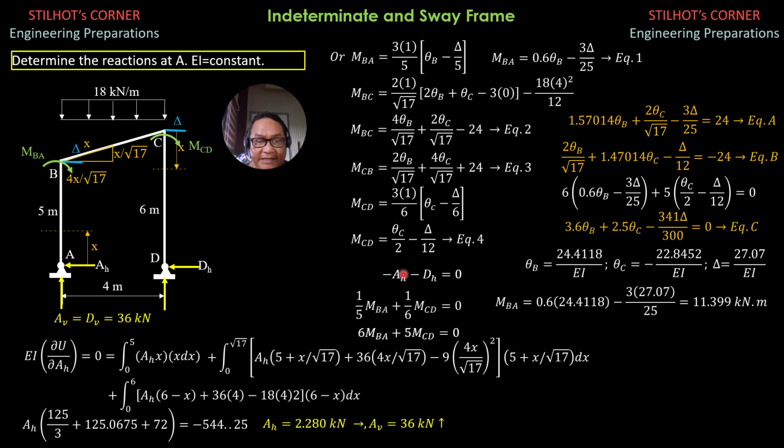So negative AH is equal to 1/5 of 11.399, or negative AH is positive 1/5 of 11.399. So AH is rightward indeed. It is 2.28 kilonewtons rightward. EV is 36 kilonewtons. So that's it for this video.